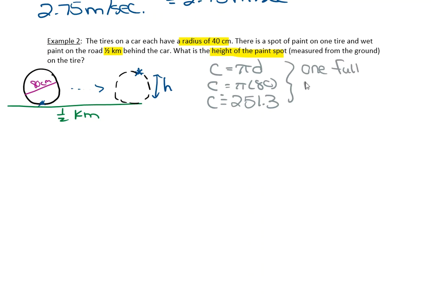One full rotation is 251.3 centimeters. So we can also call that one period. So one cycle of this tire spinning around is 251.3 centimeters. That's a horizontal distance.